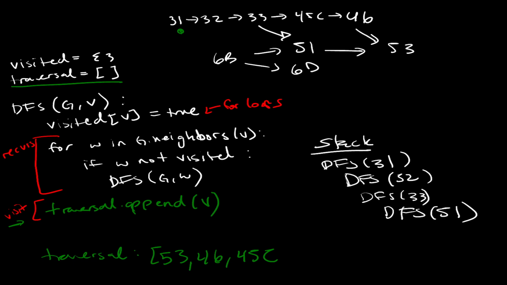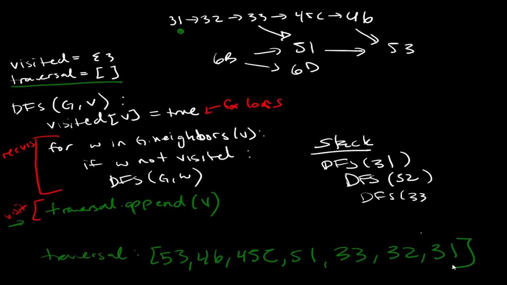So then we'll add 51 here. Notably, inside 51, we want to visit 53, but that has already been marked as visited, so we'll come back out. All right, so this will be 33 here. And then we just follow back here at 31. Okay, so this is the traversal after we call this DFS with 31 as our start vertex.